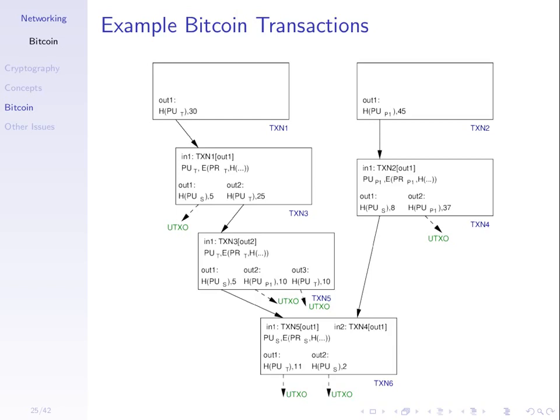So, let's try another one. Transaction 4. Remember, transaction 2 was paying Pekini. It was sent to the public key of Pekini, P1 in fact in this case. Therefore, if Pekini wants to spend that money, she creates a transaction, TXN4. She creates this transaction referring to the one where she was paid money.